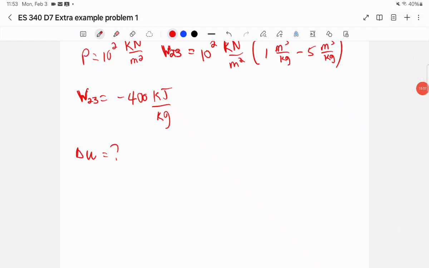So we'll get good practice here. In order to get this change in internal energy, we're going to need to go to the tables. So you were wondering, why am I using the tables? This is a good point for us to do so.